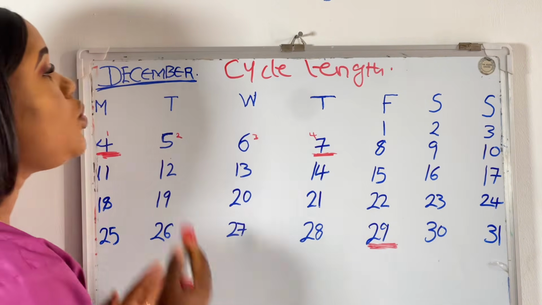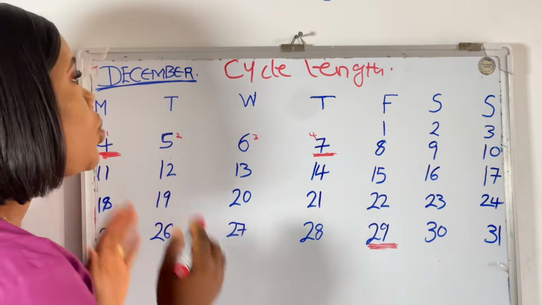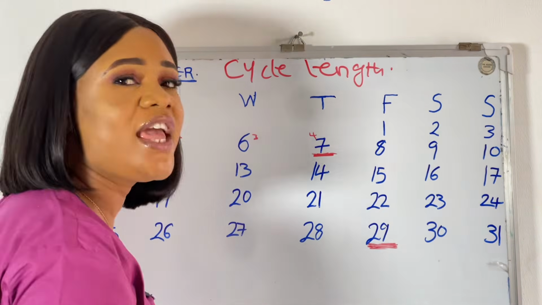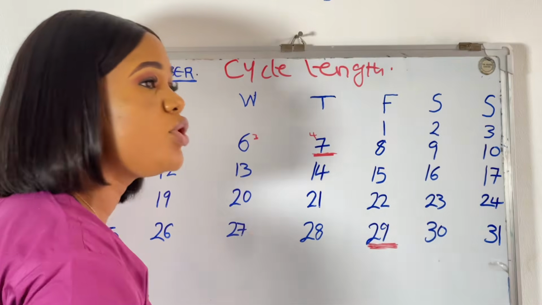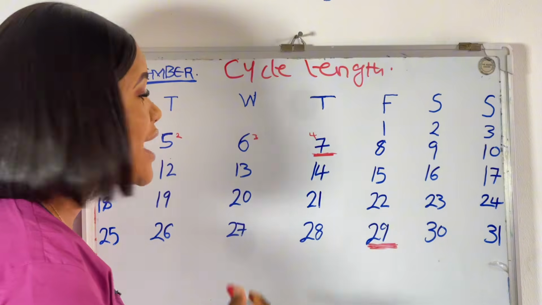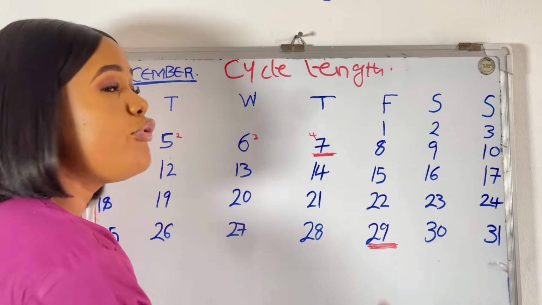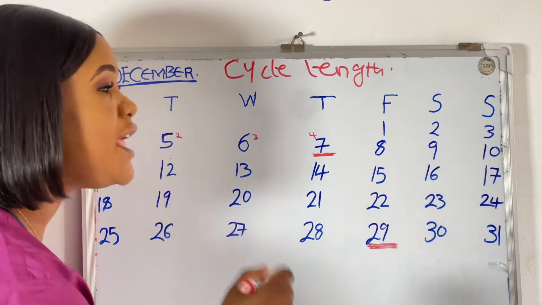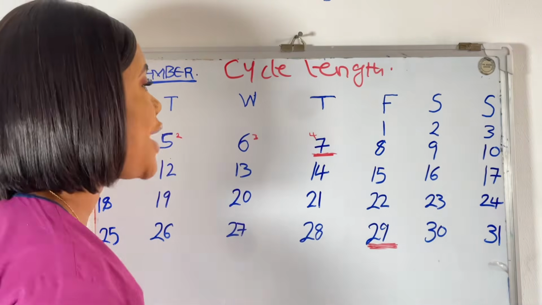Now guys, to calculate your cycle length, you will start counting from the first day you started seeing your period, or the first day you saw blood, which was the beginning of your menstrual cycle, to a day before your next menstrual cycle. A day before your next menstrual cycle. Don't forget, guys.